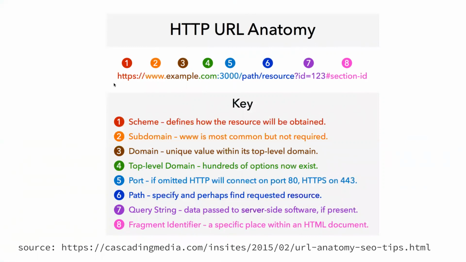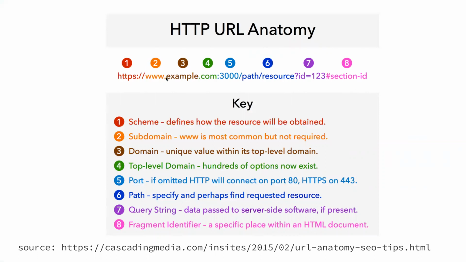The first thing is the scheme. Sometimes this is also called protocol. It can be HTTP. It can be HTTPS. What's HTTPS? Secure. It can be FTP. It can be a lot of different protocols, but when we're dealing with web, it's often HTTP or HTTPS.